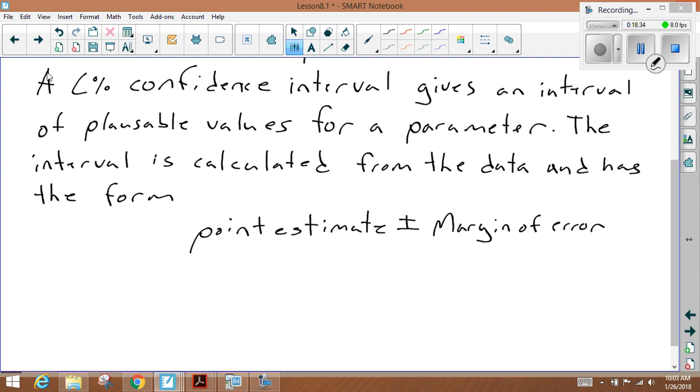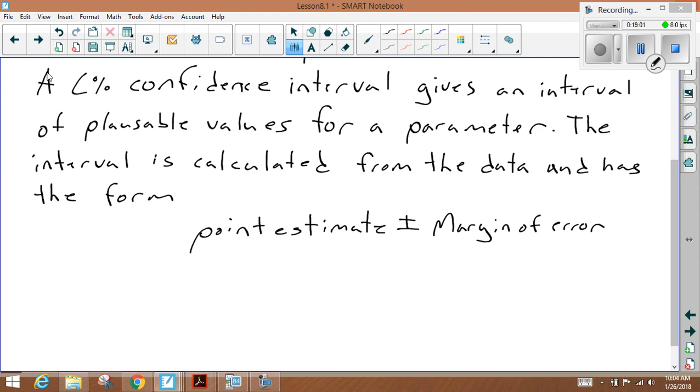That we can say at a level of whatever C% is, the interval we create captures the true mean or the true population parameter. And that is expressly written on page 481, interpreting confidence intervals.